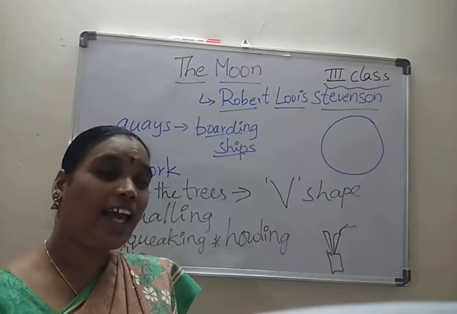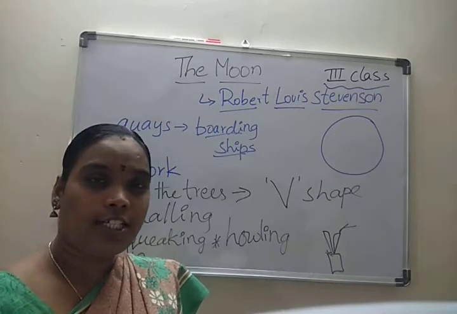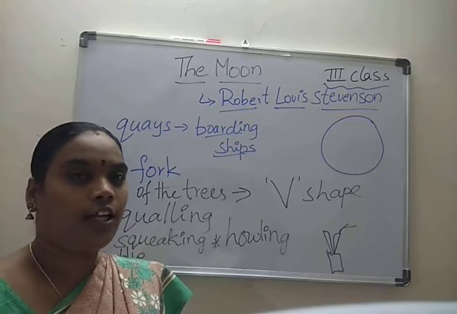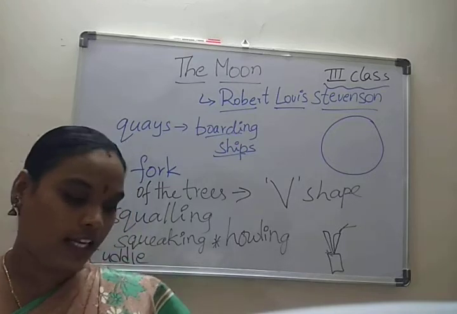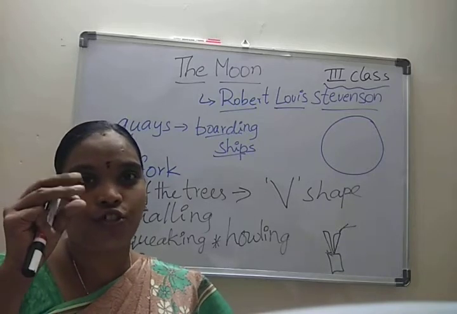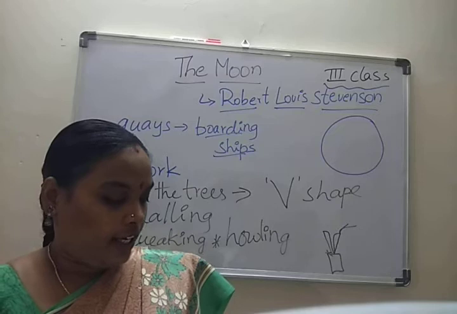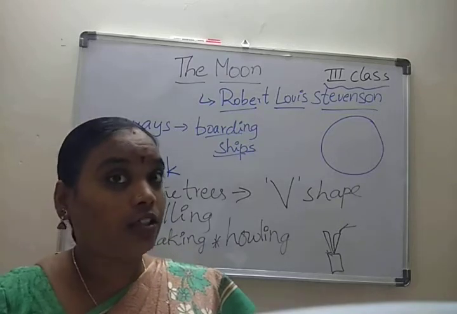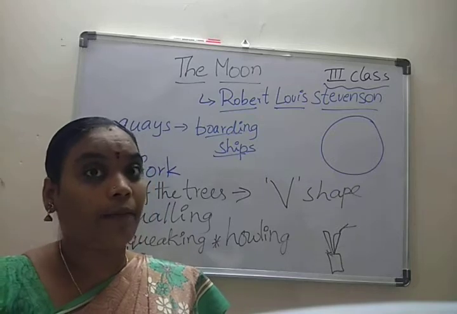The squalling cat. That is the cat making noise. The squalling cat and squeaking mouse. Squeaking mouse means making noise. Like the howling dog. The dogs are crying in a bad way.